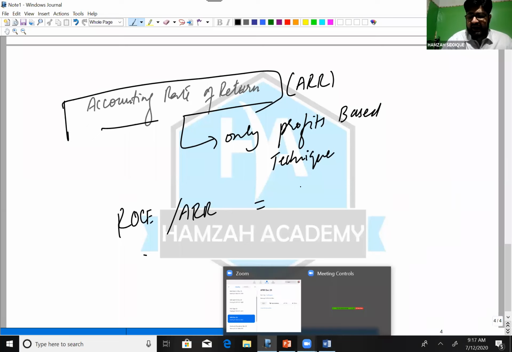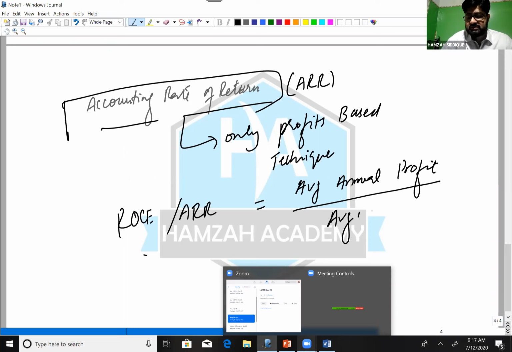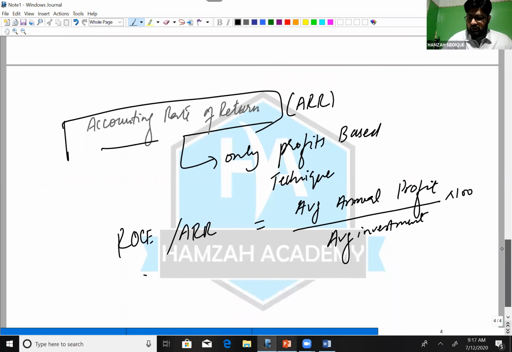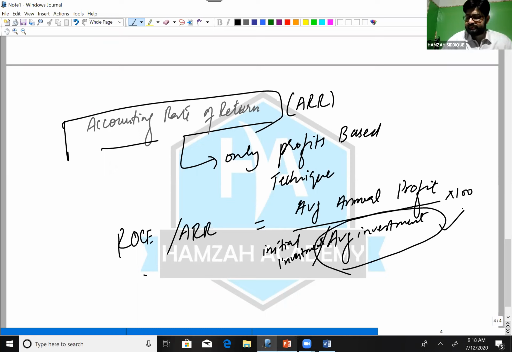It is equal to estimated average annual profit divided by average investment, multiplied by 100. This is the formula. In some formulas, you will find initial investment here. Remember, the examiner says average investment is preferable in the formula.